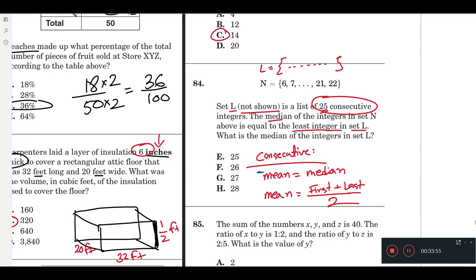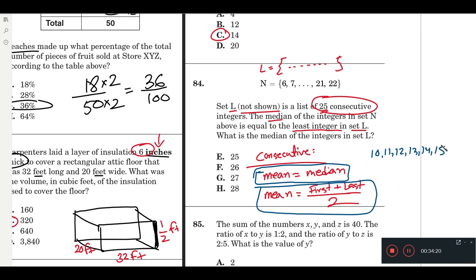Now pay attention to the screen. So mean is equal to median, right? It's just in the one case, when they're consecutive. Now mean, how do you find mean? You add the first number and the last number divided by 2. Let me make up an example of my own. Let's say I have 10, 11, 12, 13, 14, 15, 16.